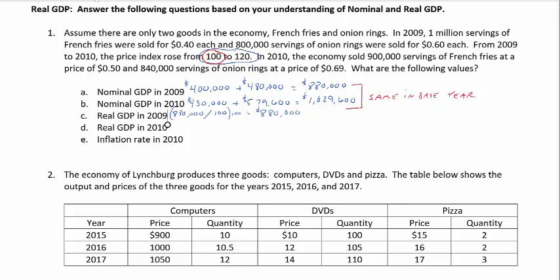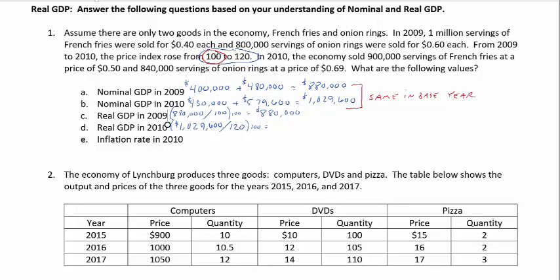Real GDP in 2010. Now we're going to take the $1,029,600 worth of output, and we're going to divide by the deflator that year, which is 120, and then multiply by 100.